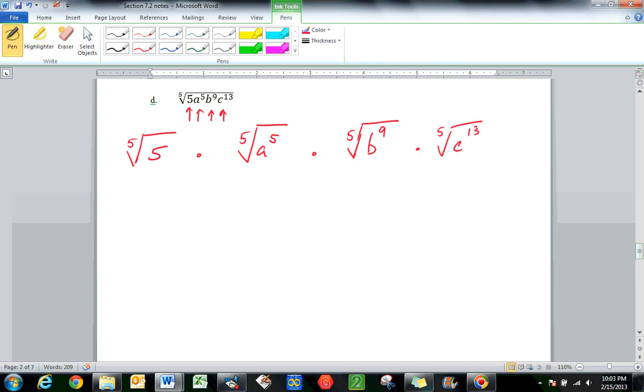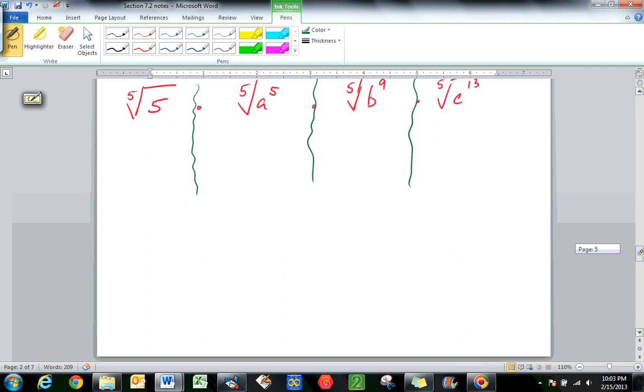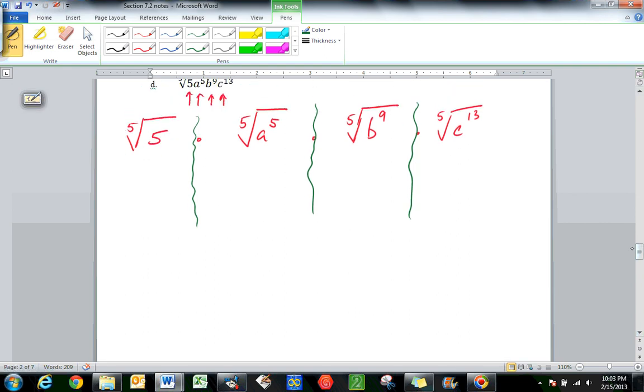So what I'm going to suggest to you is this. Take each of these as if they were their own separate problem. And then when we get down here to the bottom, we can come back and combine together the parts that need to be combined together. So if we look at the 5th root of 5, there's really nothing I can do there. That's as far as I can go.